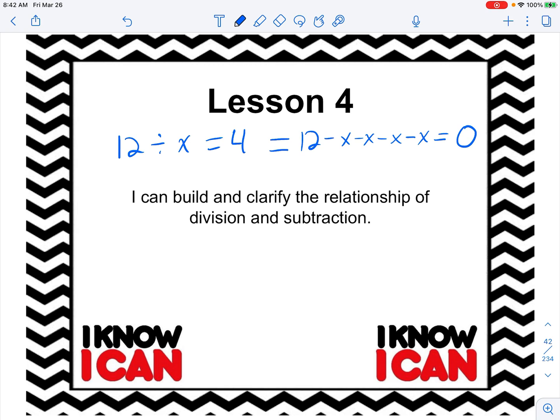Because 12 divided by x equals 4, well, it's going to be 3. 12 divided by 3 equals 4. So in this case, x equals 3. Now 12 minus 3 is 9, minus 3 is 6, minus 3 is 3, and minus 3 equals 0. And we're going to talk about some more examples.